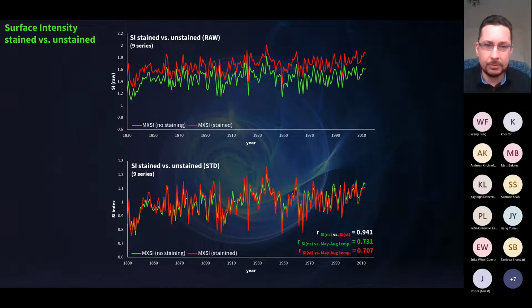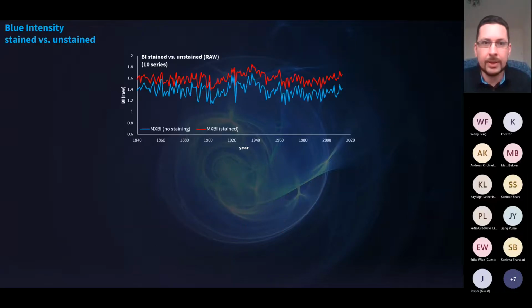But if we're only interested in relative values and we detrend the data in a way that doesn't preserve these absolute differences, then it probably doesn't make any difference, and we could use both versions. Looking at the blue intensity data, this is basically the same samples, but captured with a standard scanner in the normal way.